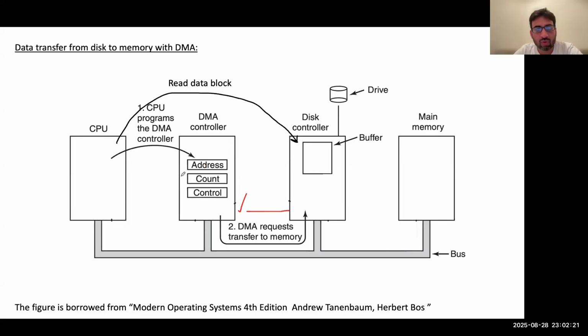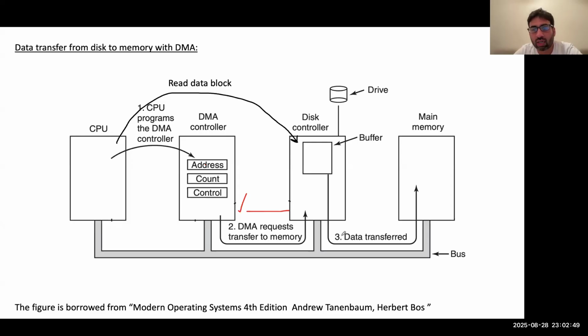Then in the second step, once the CPU has programmed your DMA controller, the DMA requests the transfer to memory. It requests the local buffer so that once the data is available in the local buffer from the drive, it starts the data transfer.